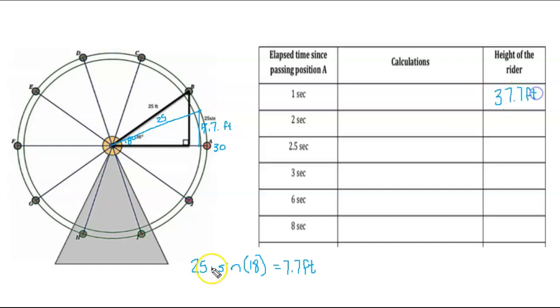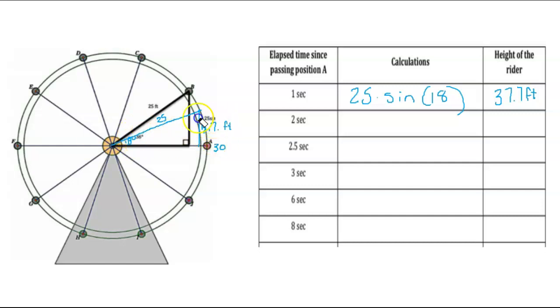So our height is going to be 37.7 feet. Now, as we continue to go around, one of the things that we have to do is we're always going to have to figure out what is that reference angle to make our reference triangle, so that we can do our trig to actually figure out the height. This time we did 25 times the sine of 18. Now for 2 seconds, 18, so if we went 18 twice, that would be 36.